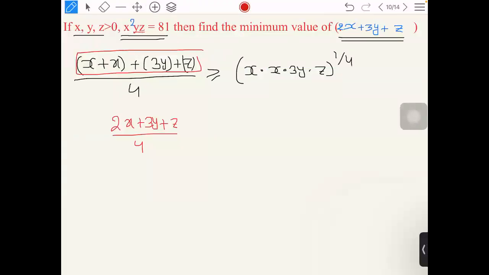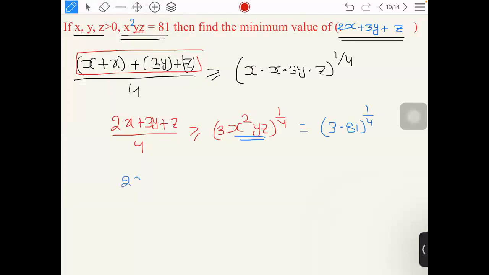So this divided by 4 is more than or equal to x squared yz into 3 times 1 by 4. We know that the value of x squared yz is 81. So this will be 3 times 81 raised to 1 by 4.